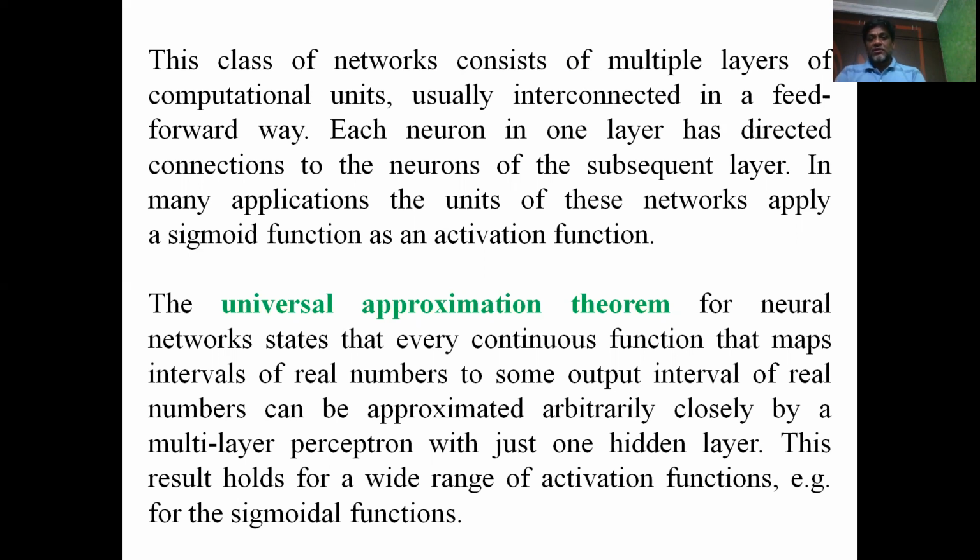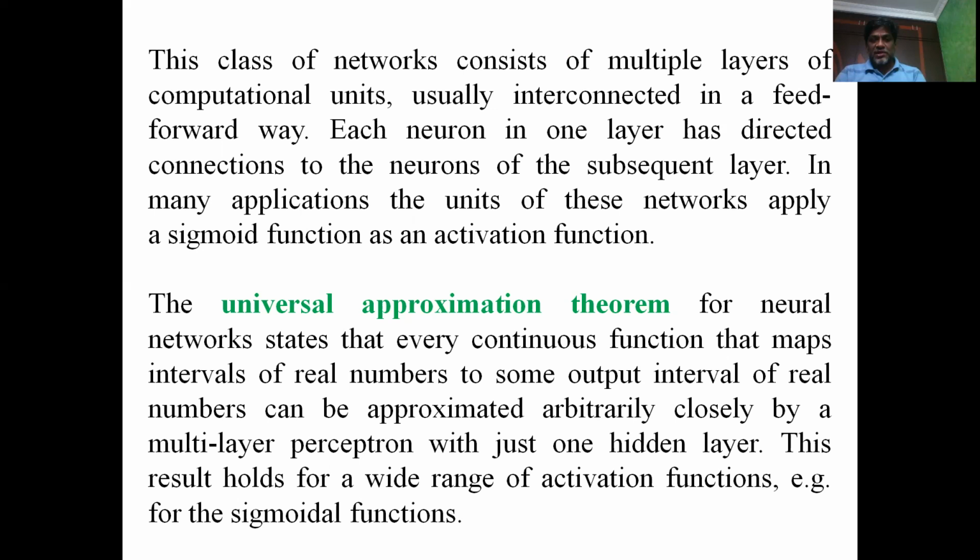That means with the help of any continuous activation function, we can map the inputs to the outputs with a multi-layer perceptron. So if we use only one hidden layer, it is sufficient to approximate the inputs to the corresponding outputs.